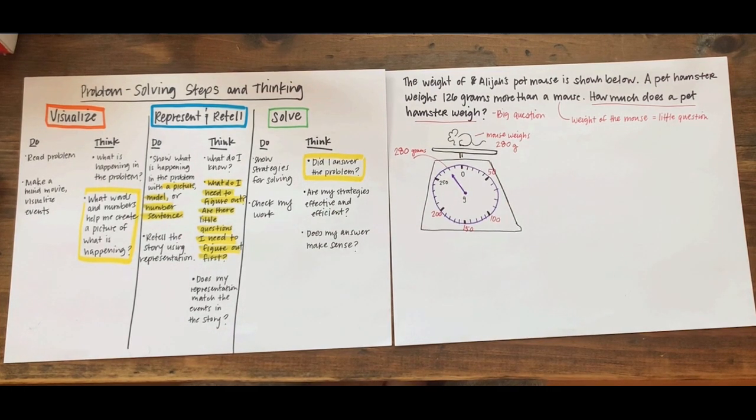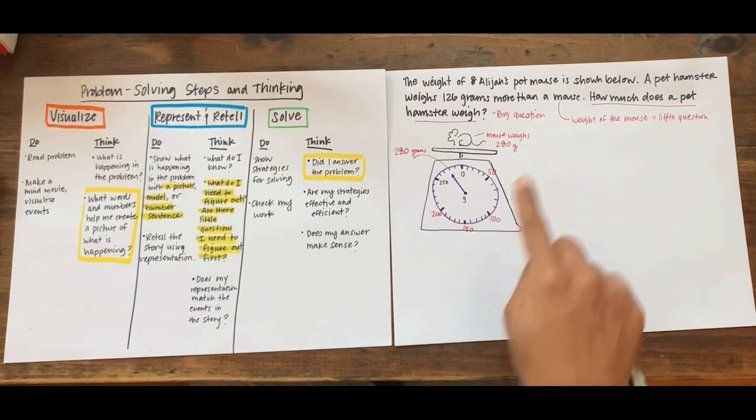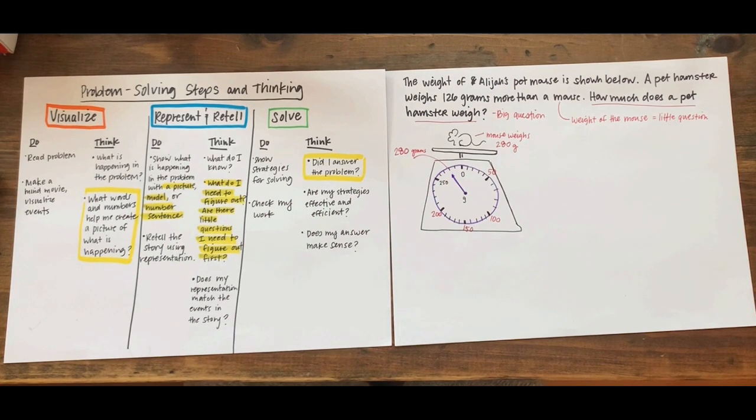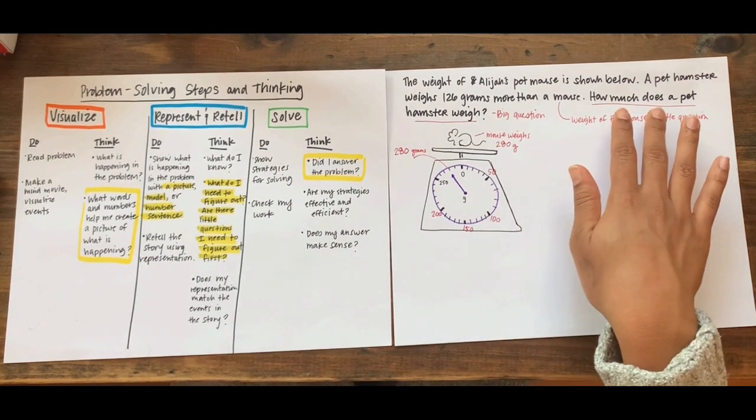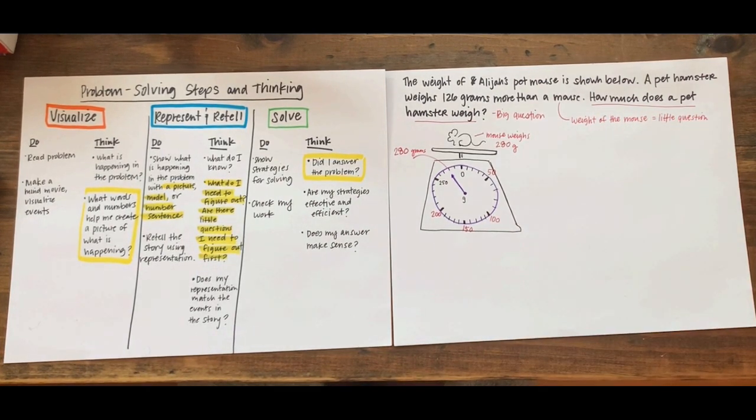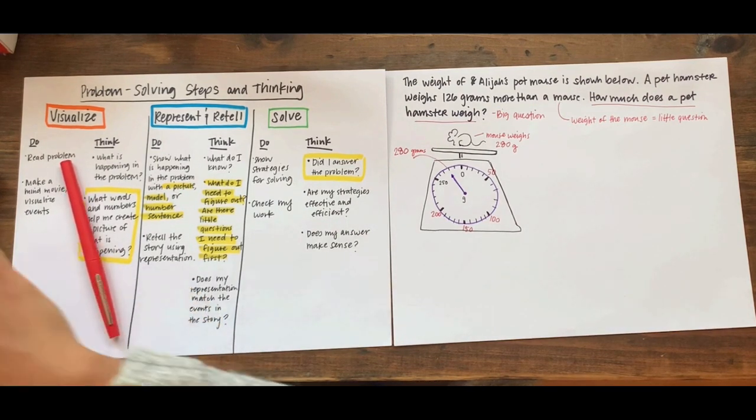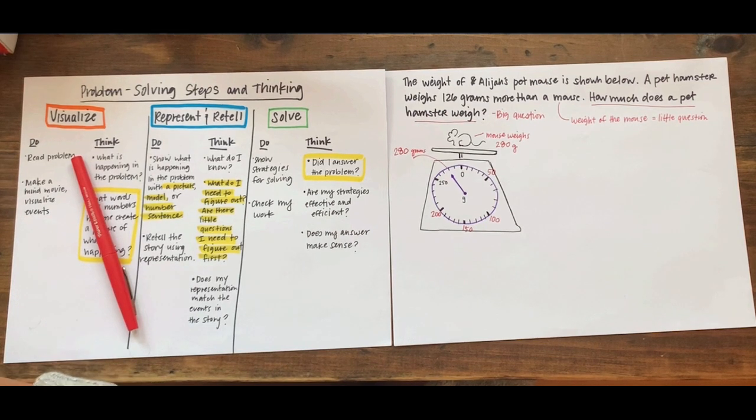Whenever you see a scale or a beaker or an image shown, it's so important to think, what information is this image giving me, and how does that help me understand my story? Let's keep going. How do you represent this problem? Say your answer out loud.